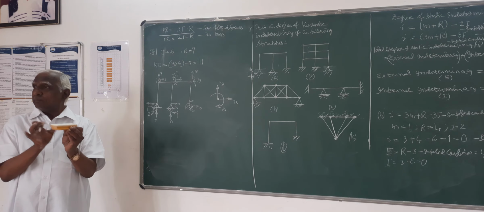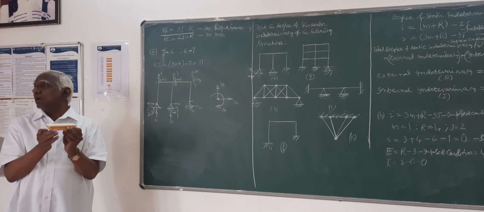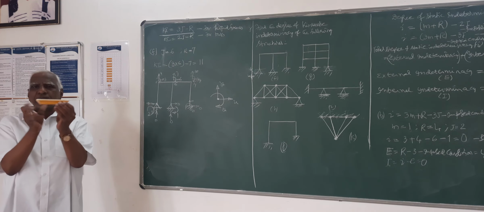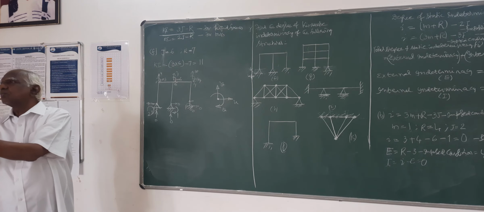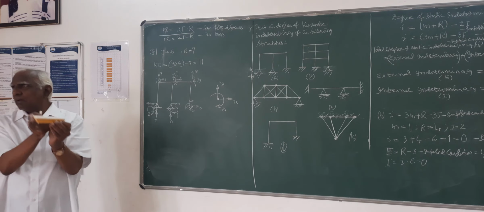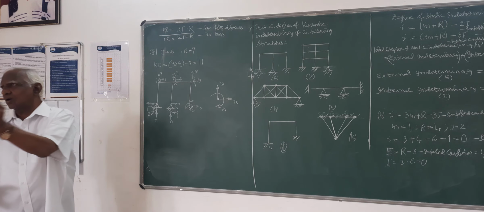At any point, there is no contraction or elongation of the member. Only rigid body motion is possible. Whatever length was there originally, the same length will be there even after displacement. Bodily, the member moves. It is called rigid body motion.